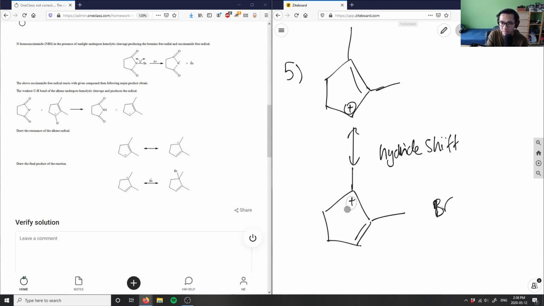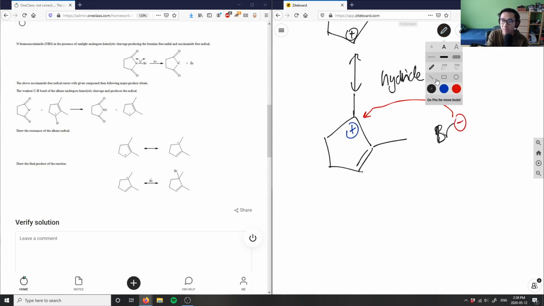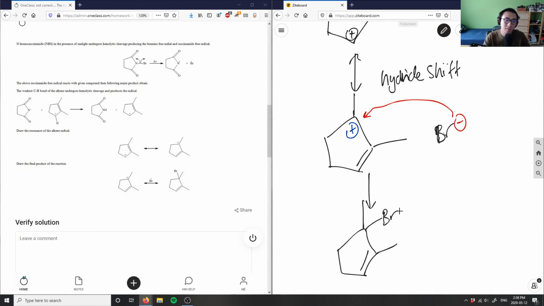So let me use my colors again. This here is positive. My Br here is negatively charged. It's going to come and bond to this site here. So I'm going to get my final product here, looks something like this. And this here is the correct answer for this problem.